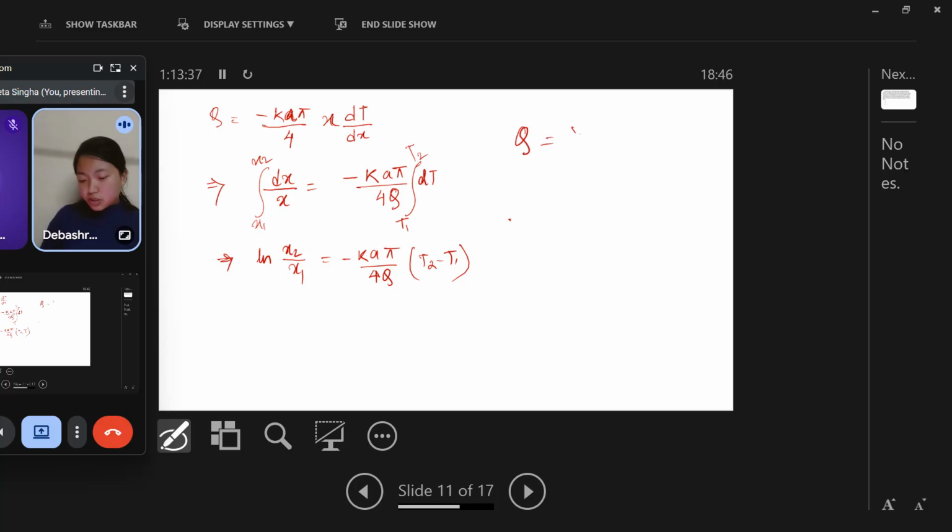Let's just calculate what is q in this case. Okay, it should be square. A square. Okay.